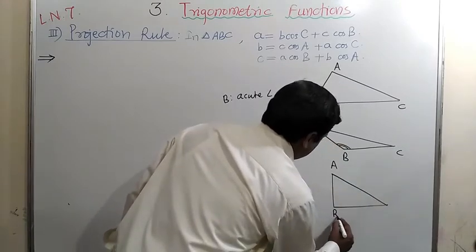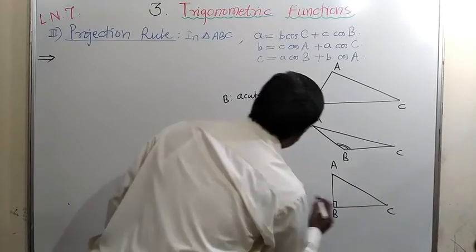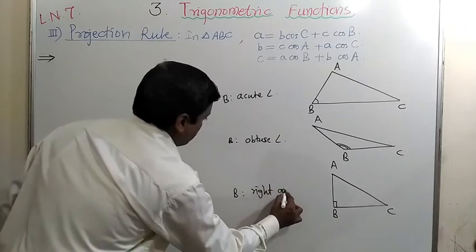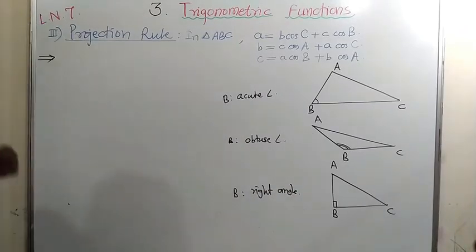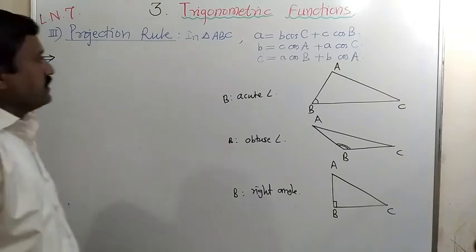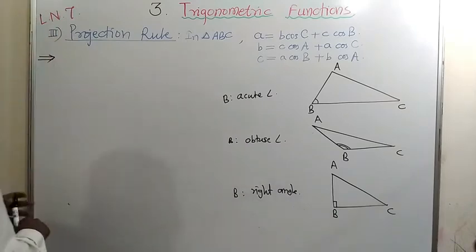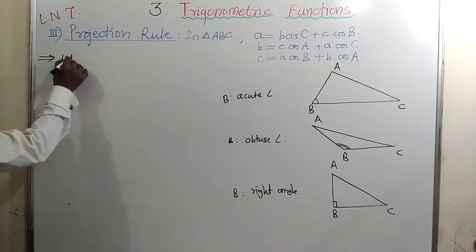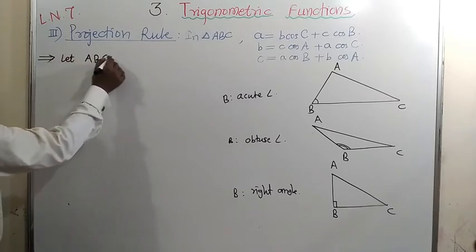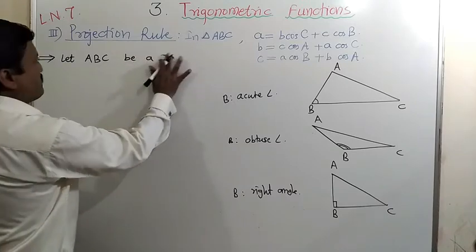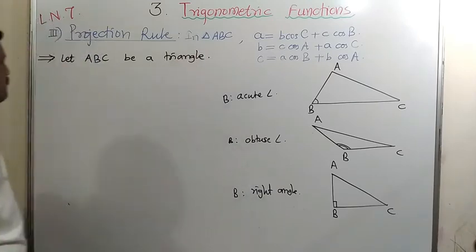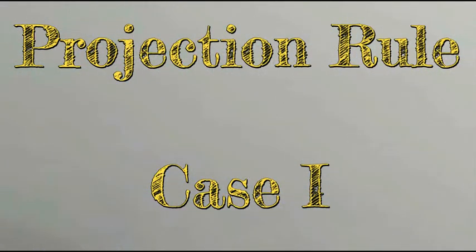A is here, this is B, this will be the right angle. Now let us see the first case. Before that, let ABC be a triangle. Then case 1, projection rule, case 1.